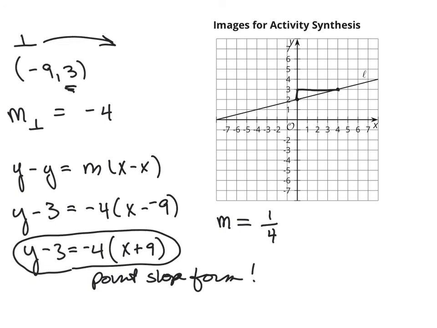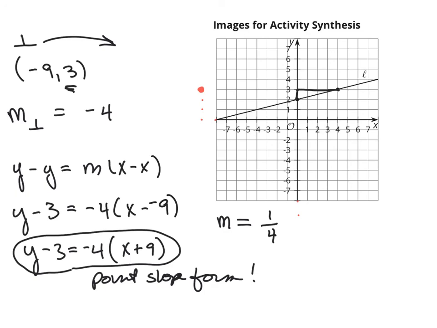I'm going to draw that line really quick. I want it to start at (-9, 3). Oh, negative 9 isn't on here. Why did I pick that point? Okay, there's 8 and there's 9. Oh, sorry, negative 9 is the x value. So 7, 8, 9, positive 3, 1, 2, 3, with a slope of negative 4.